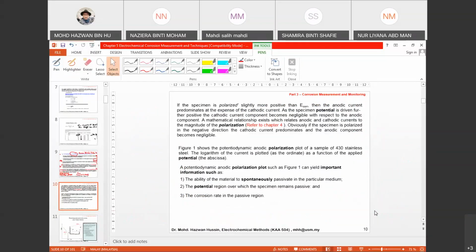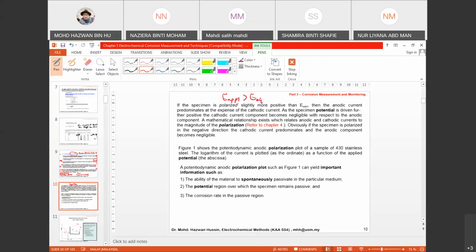If the specimen is polarized slightly more positive than E-corr, then the anodic current predominates at the expense of the cathodic current. As the specimen potential is driven further positive, the cathodic current component becomes negligible with respect to the anodic component. So what does it mean over here? If you still remember back in chapter 4, this is where the applied potential is bigger than the equilibrium potential.